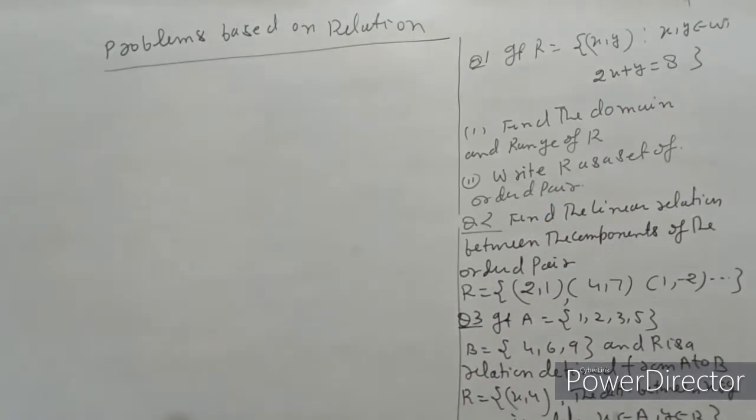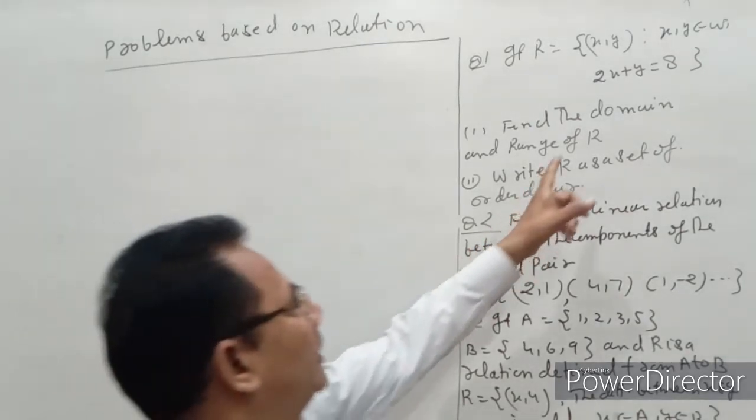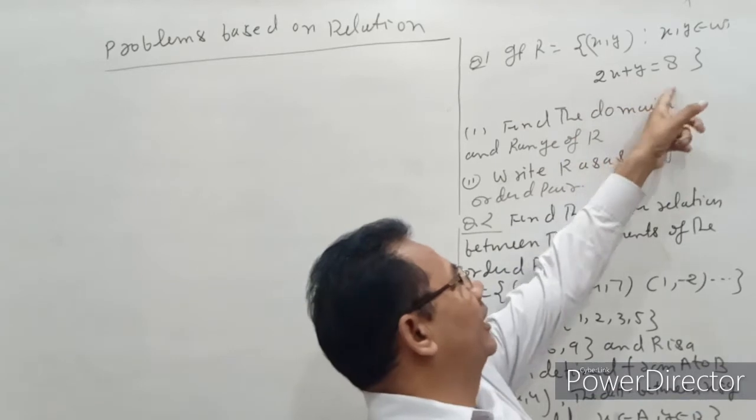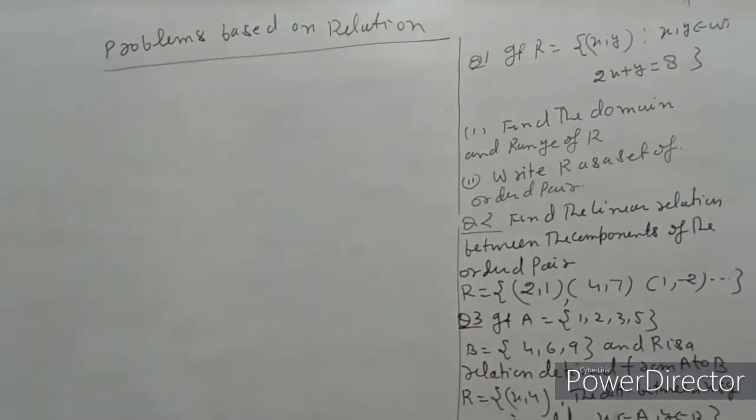देखिए यहाँ पर हमें x और y दो हमारे कोई भी whole number हैं और हमें यहाँ पर गिवन है, that is relation between the variable x and y or component x and y: 2x plus y is equal to 8.